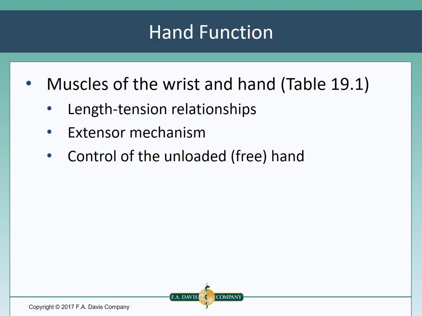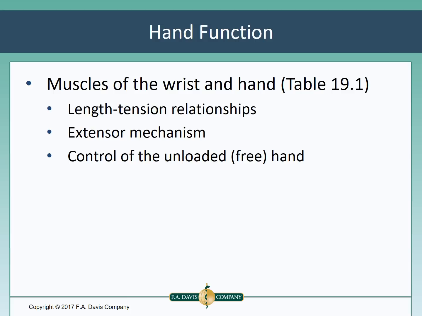So continue on with the extensor mechanism. When the PIP, that proximal interphalangeal joint, extends, so does the DIP. And that is done with the interossei and the lumbrical muscles through the extensor hood. Remember, they have attachment into that extensor hood. So there must be tension in the extensor digitorum tendon for there to be IP extension.